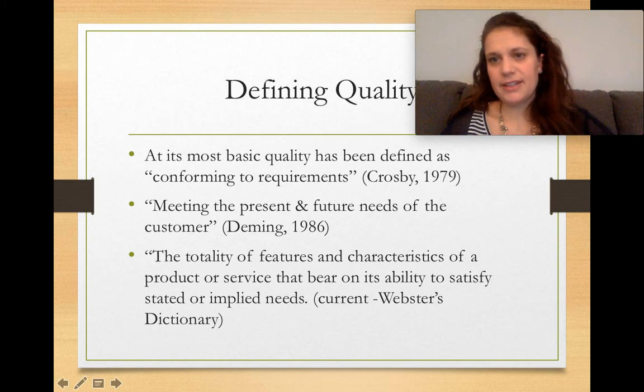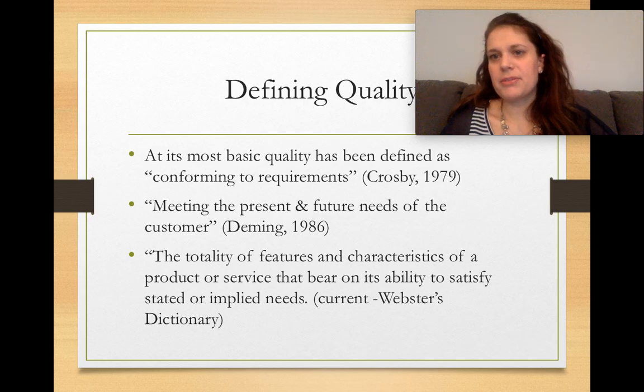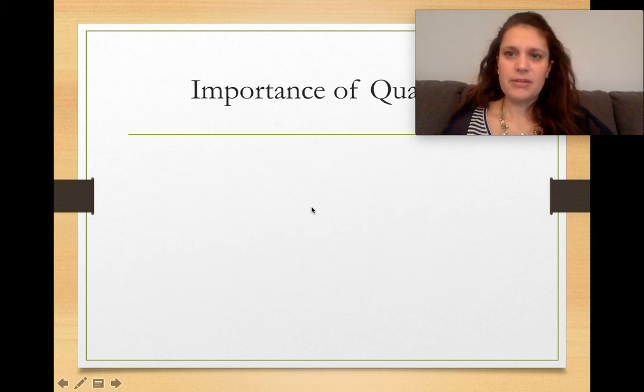Those could be stated needs, but this day and age, everyone assumes that, right? An implied need might also mean I need the ability to have applications on my phone, to use the internet, to use Wi-Fi, etc. So both stated needs and implied needs, as well as present and future.